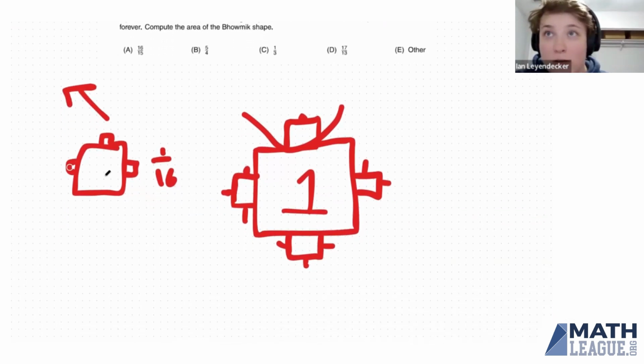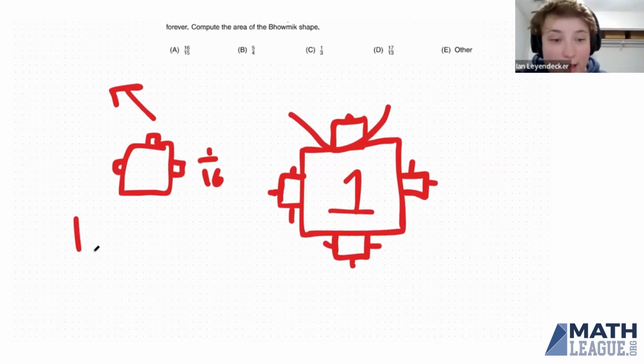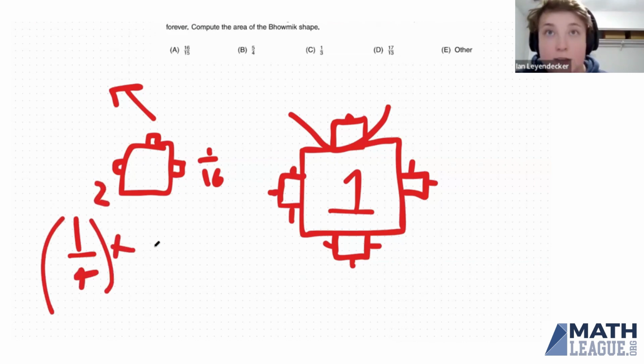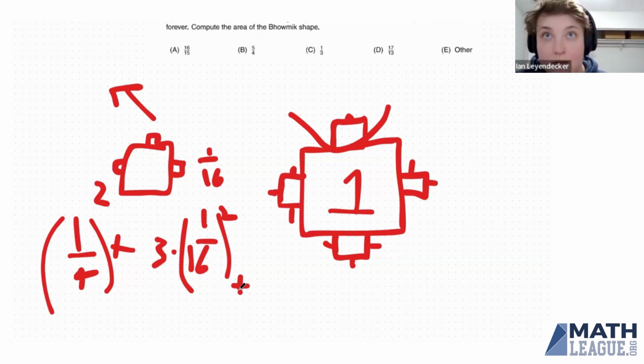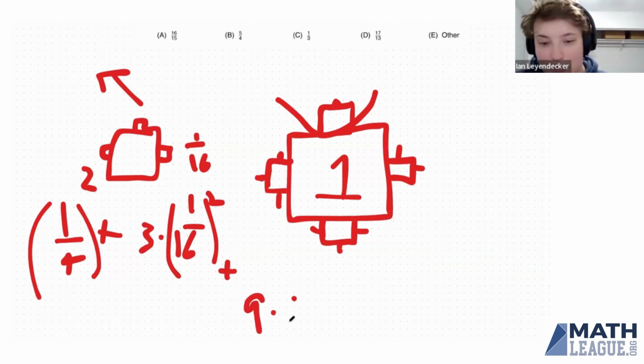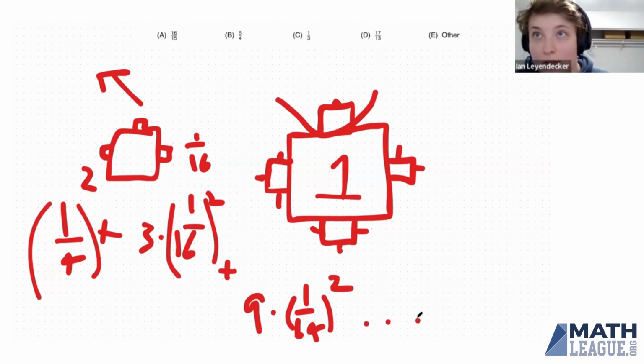And that is writable as 1/4 squared plus 3 times 1/16 squared plus 9 times 1/64 squared, and so on and so forth.